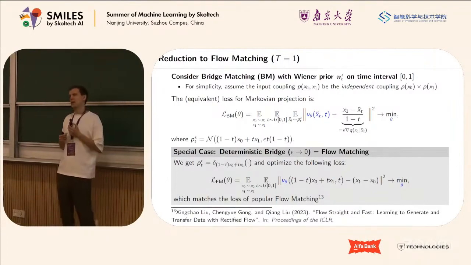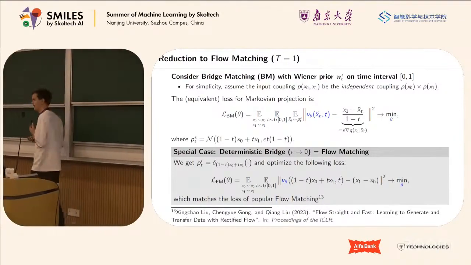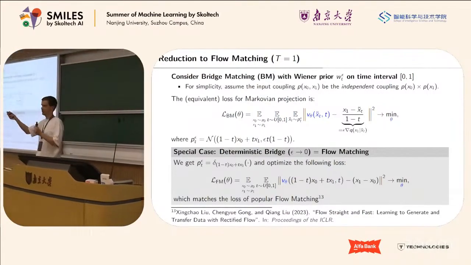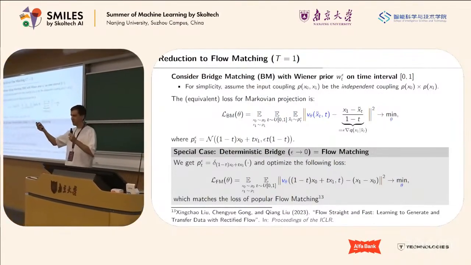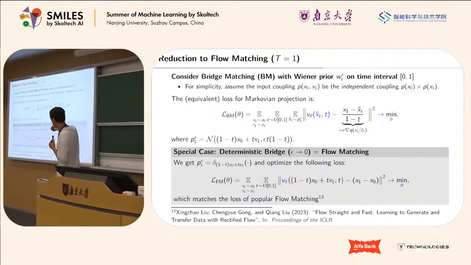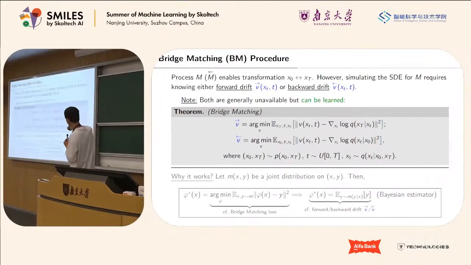If we consider for training the independent data coupling, so we sample from input and target independently as in flow matching, and take a look at the objective which we obtain, we'll find that surprisingly it is very similar to flow matching. Specifically, what will our bridge matching objective look like? We will regress our neural network on the known expression.